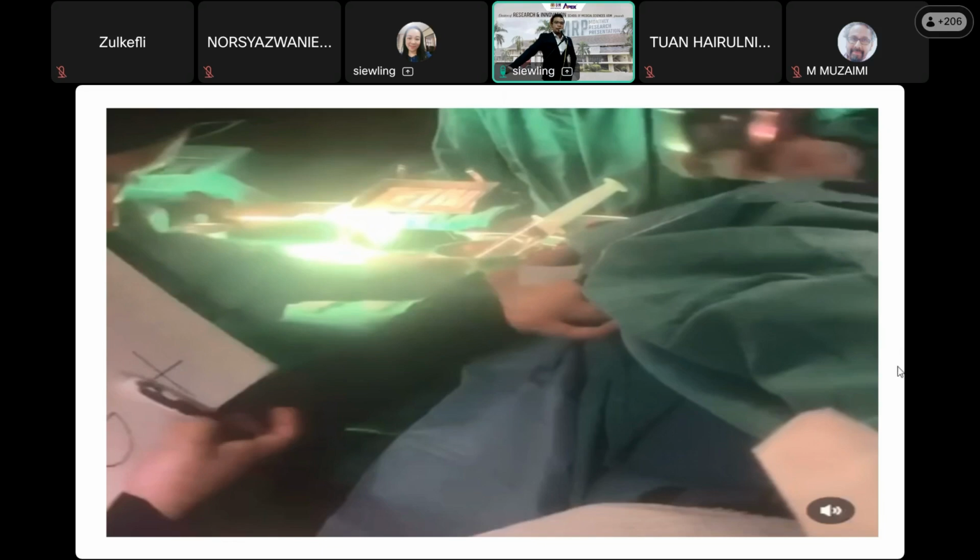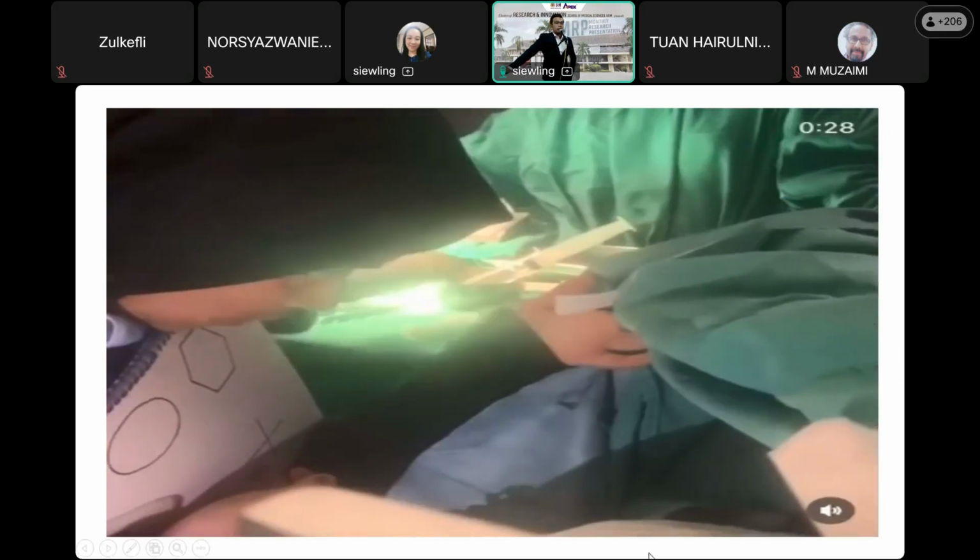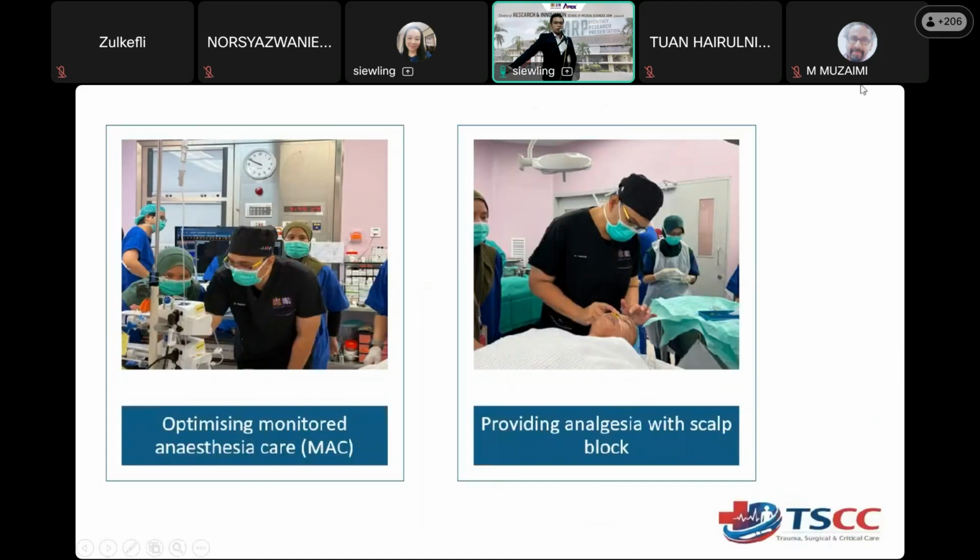During this awake craniotomy, which I think has now become a necessity, not only a choice, our main principle of management as anesthetists is optimizing monitored anesthesia care, by tailoring the needs and depth of anesthesia according to the stage of the surgery, and also providing analgesia with a scalp block.